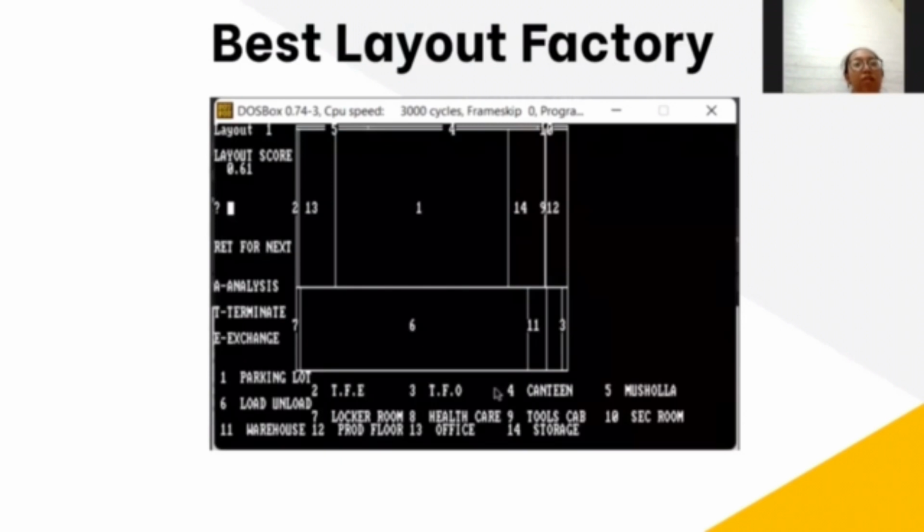The system will automatically round the area and analyze the average area and the standard deviation. After that, we need to input the activity relationship chart between the departments, which is used to determine the closeness of two or more departments. After all the required data is input, the analysis can be conducted. In this case, we generate three layouts, and the best layout is the one shown in the figure with a layout score of 0.61.